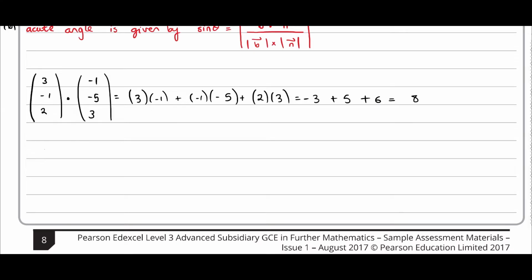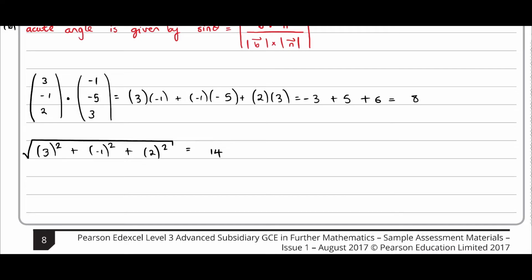Now we can find out the magnitude of b and the magnitude of n. So first of all, if we consider this vector over here, we have 3 squared plus minus 1 squared plus 2 squared, square rooted: 9 plus 1 plus 4, which is 14.